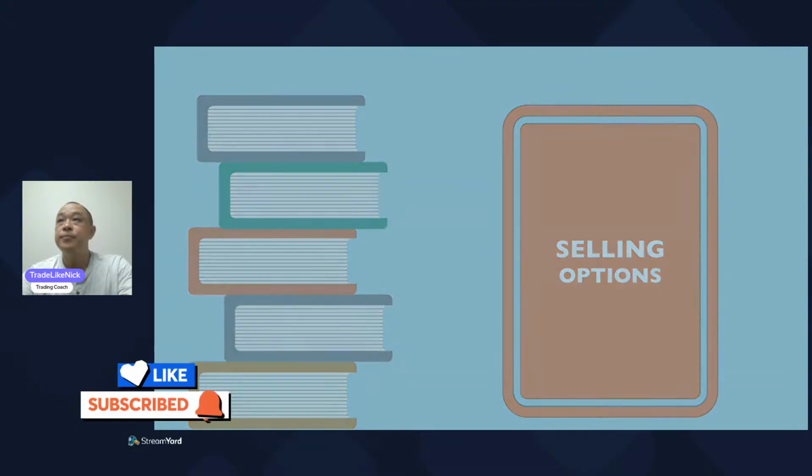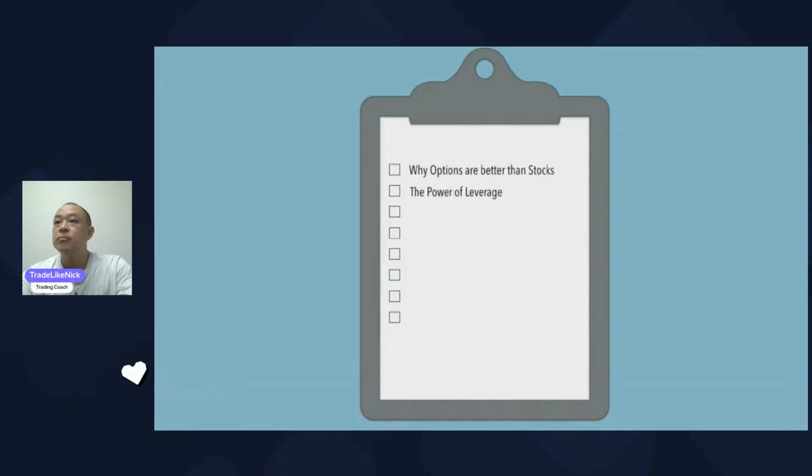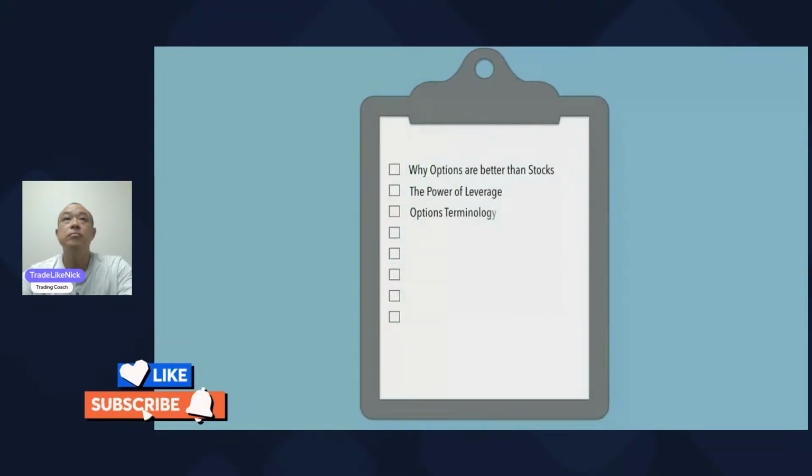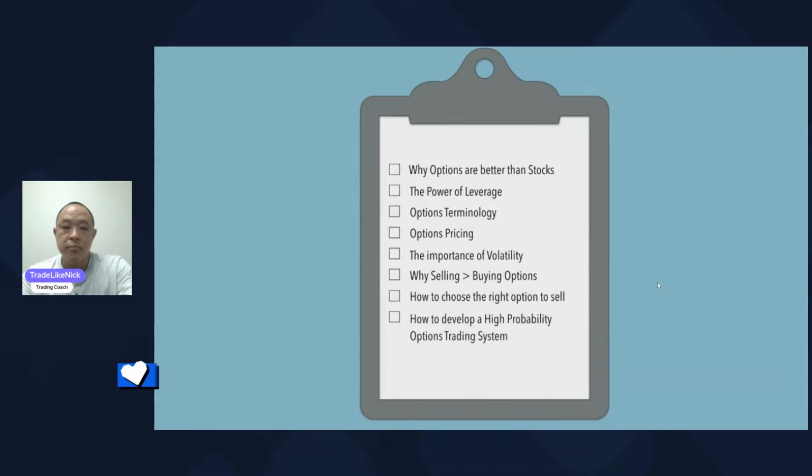To start, here's a brief breakdown of what you'll be learning in this course. You'll learn why options are better than stocks, the power of leverage, options terminology, options pricing, the importance of volatility, why selling is greater than buying options, how to choose the right option to sell, and how to develop a high probability options trading system.